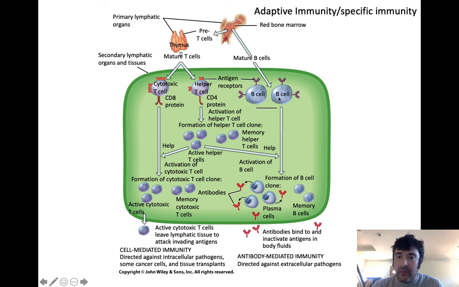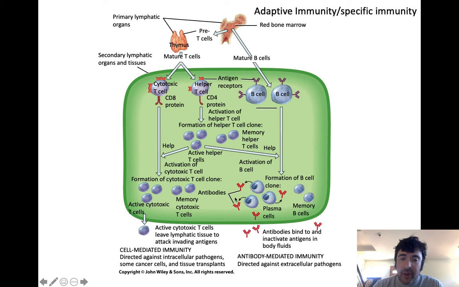The job of B lymphocytes is when they come into a pathogen that they're capable of interacting with, they form, right? Plasma cells, and these B lymphocytes differentiate into plasma cells, and these plasma cells produce antibodies.